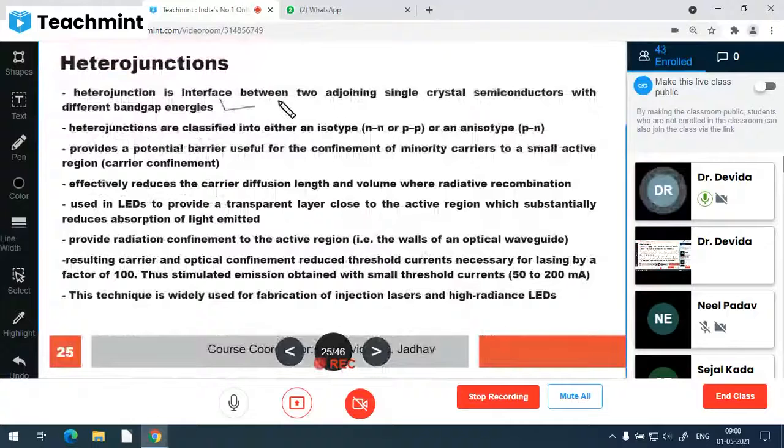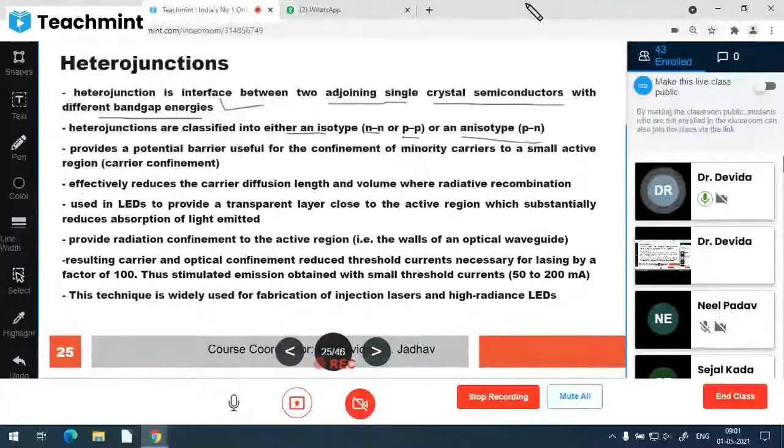Okay, so this is about heterojunctions. A heterojunction is the interface between two adjoining single crystal semiconductors with different band gap energies. Till this point we have discussed in the previous lectures. Heterojunctions are classified as either isotype, NN or PP, or anisotype, PN.